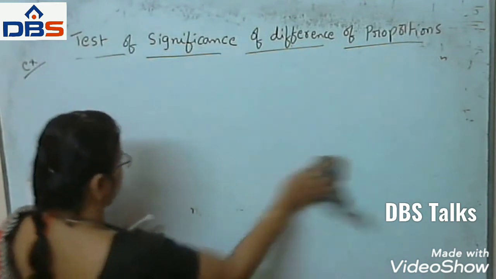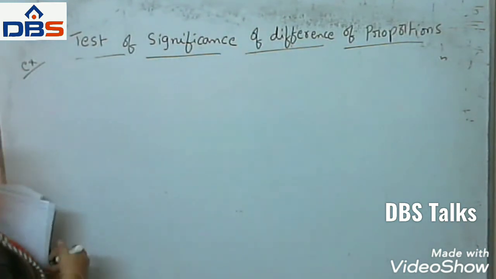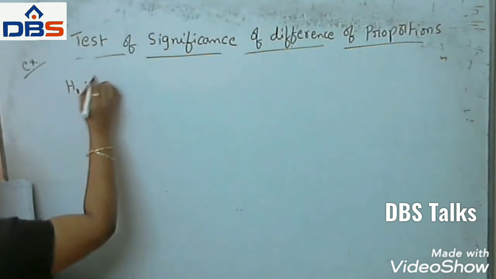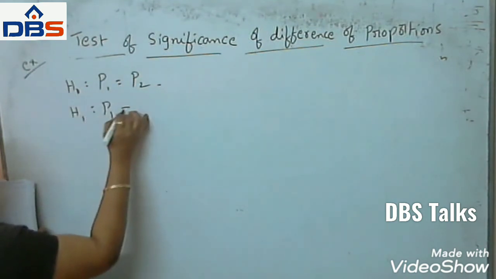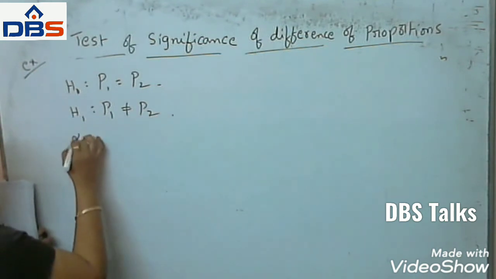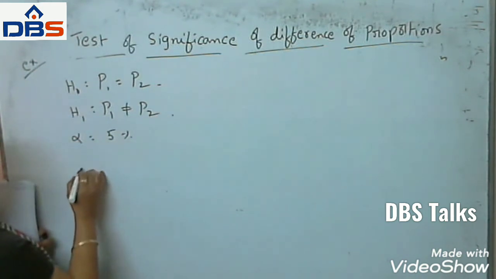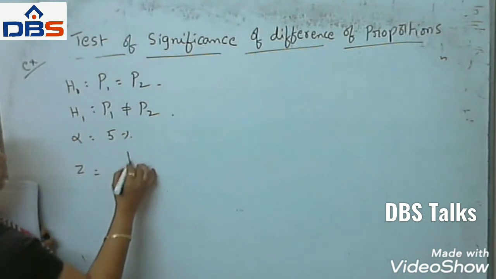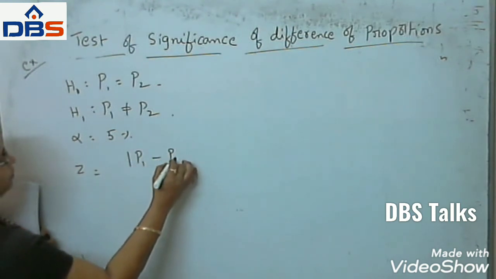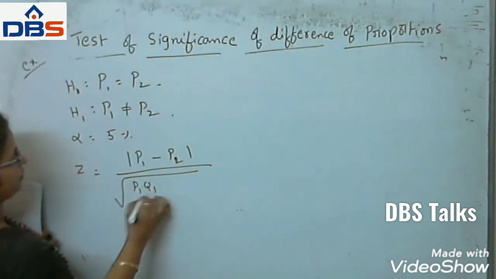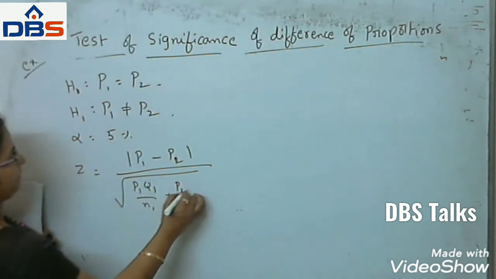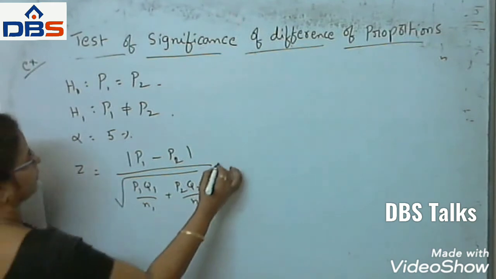So first you have to take H naught: P1 equal to P2, H1: P1 not equal to P2, alpha 5%. Z equal to modulus of (P1 minus P2) by the root of (P1 Q1 by N1 plus P2 Q2 by N2).